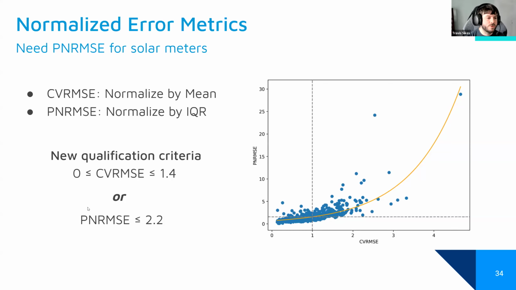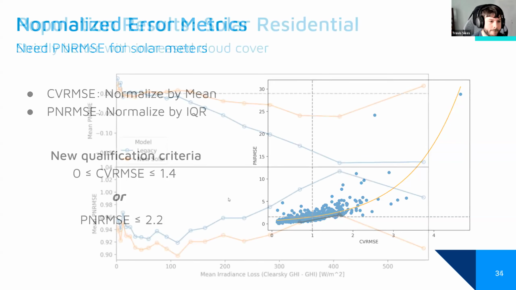Currently, we did choose the PNRMSE threshold based upon CVRMSE's threshold at 1.4. This is something that we will likely want to come back to later, but this is a conservative estimation of what these values should be at this time.